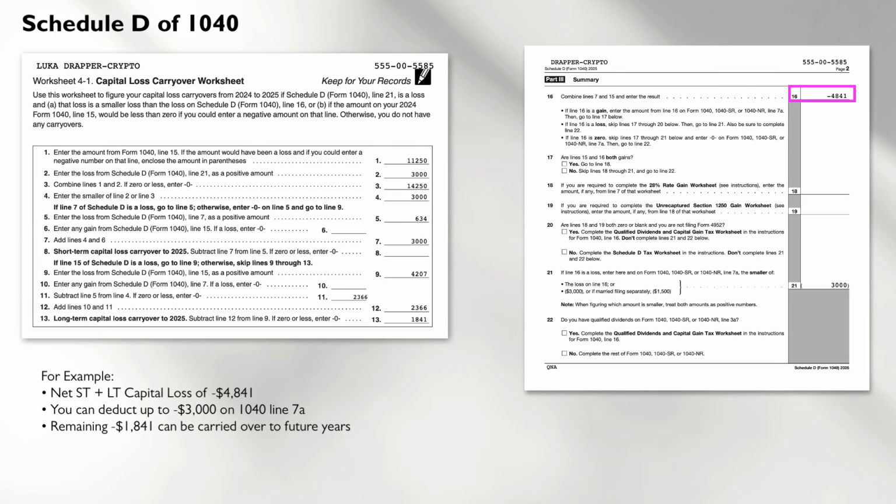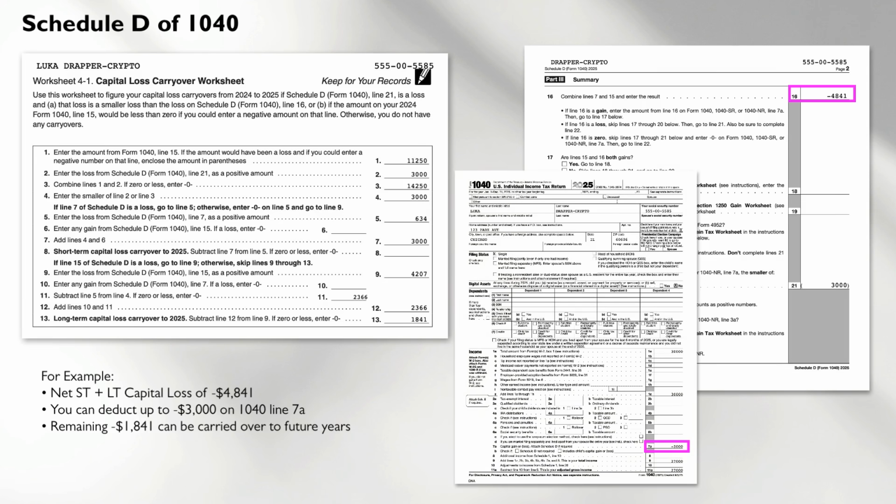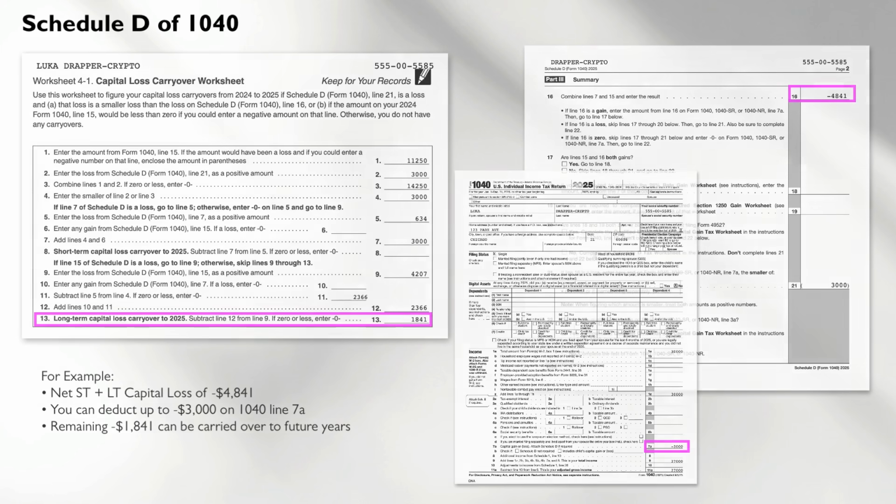For example, if line 16 shows a net loss of $4,841, you could deduct $3,000 on your 1040 against other income. The remaining $1,841 would carry forward to be used in future years.